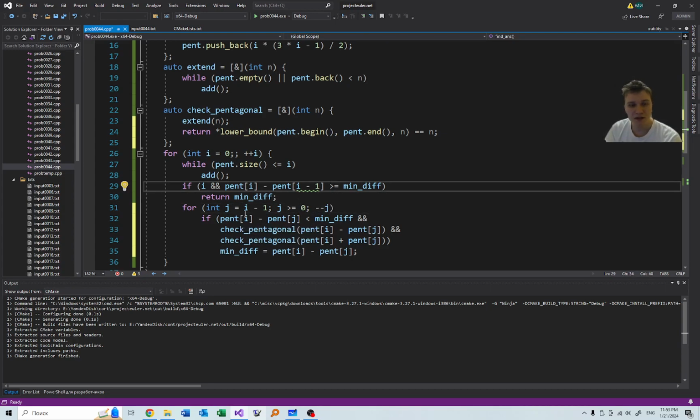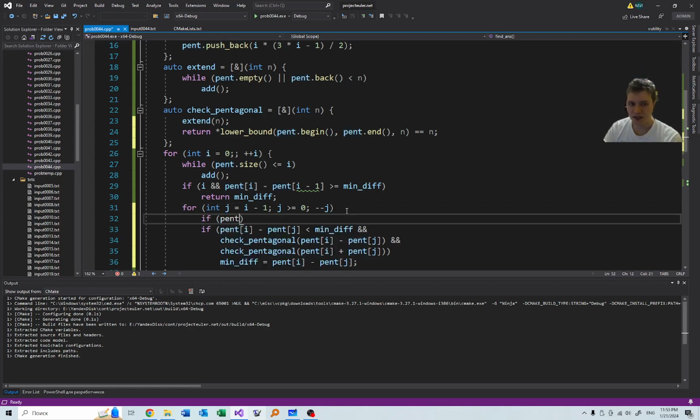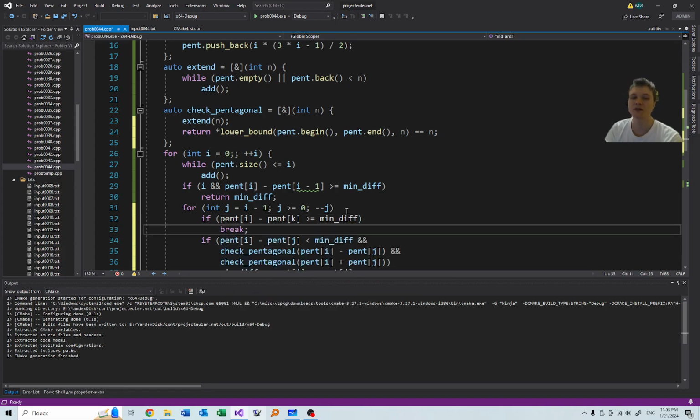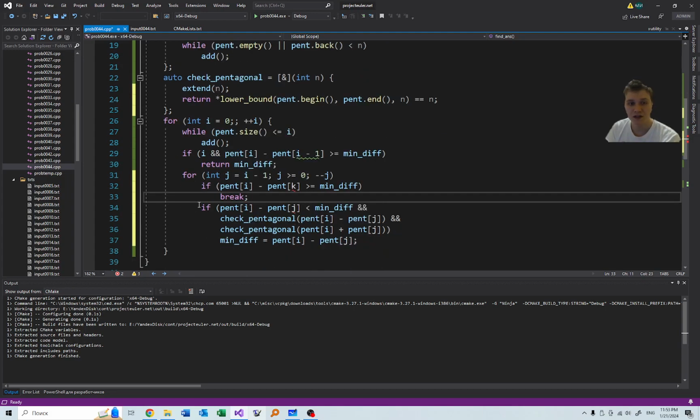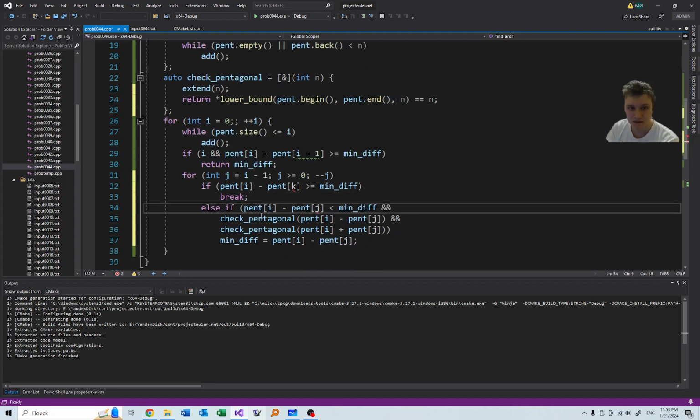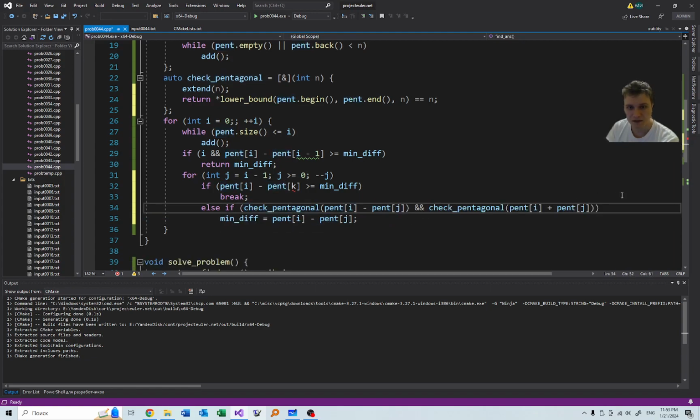So here, if pent[i] minus pent[j] is greater or equal than min diff, we can simply break because it will never be less than min diff. And here we can say else if this and this, then min diff is updated.